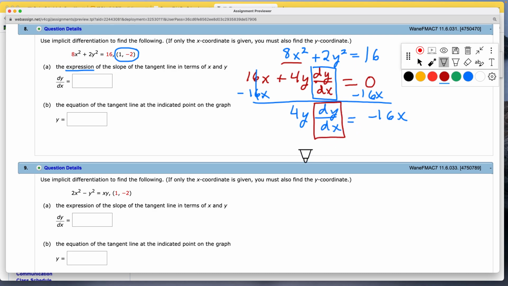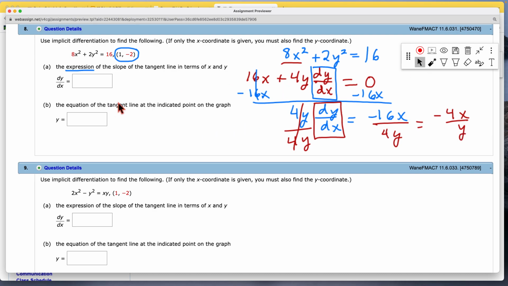And then we just want to divide by 4y because we're trying to get dy dx by itself. That's 1. 16 divided by 4 is negative 4x over y. Okay, so that's what goes here, not that other thing. Thank you.